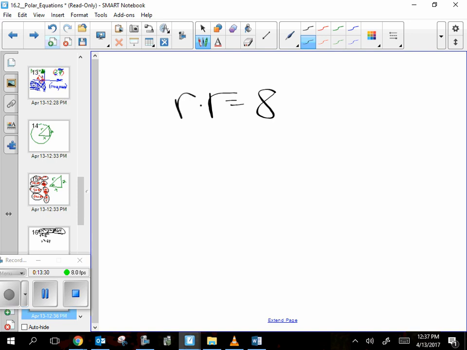But if I times by r on both sides, I want you to think about this for a second. It doesn't come out to r squared equals 64. It comes out to r squared equals 8r. What's the problem with that? I could divide both sides by r, but that'd be dumb. I'd be back to r equals 8 again.